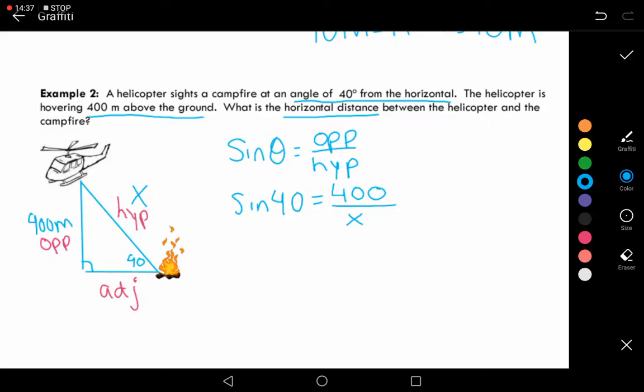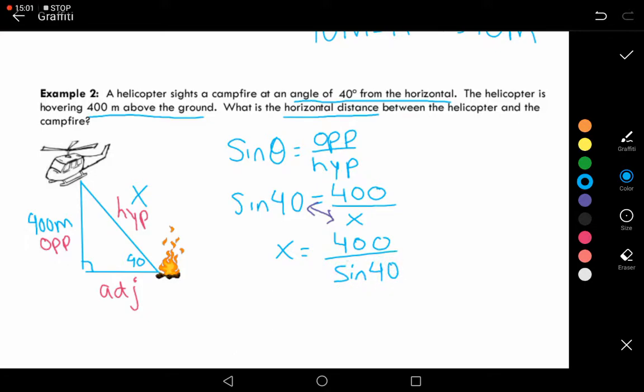We would multiply both sides by x because multiplication is the opposite of division. But you might also remember that I told you a trick that you can just simply switch the location of these two values. So we actually just have x equals 400 divided by sine 40.